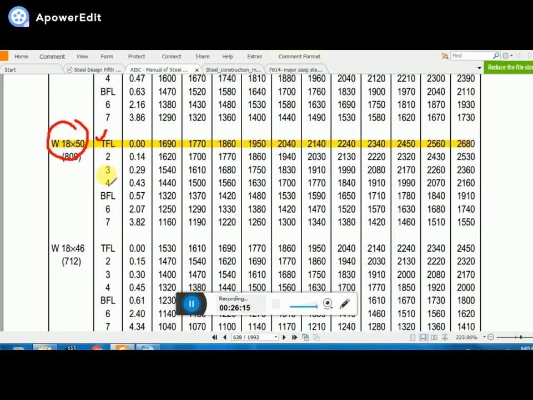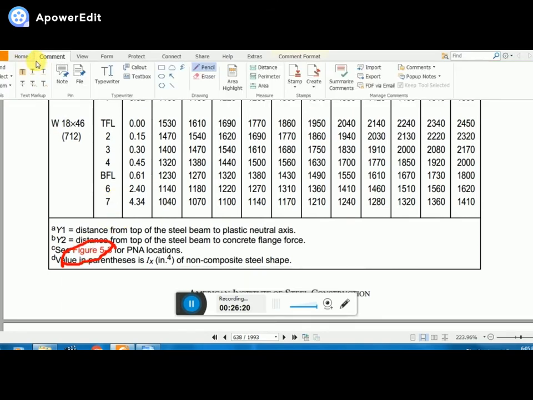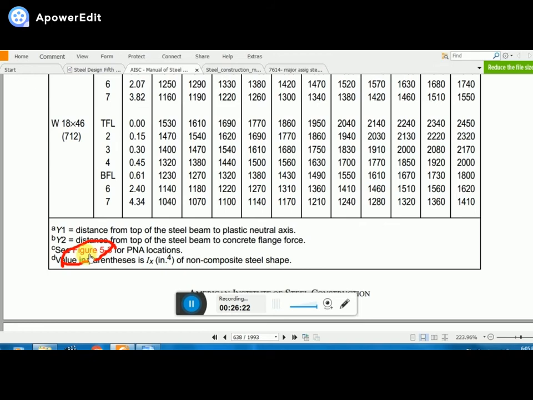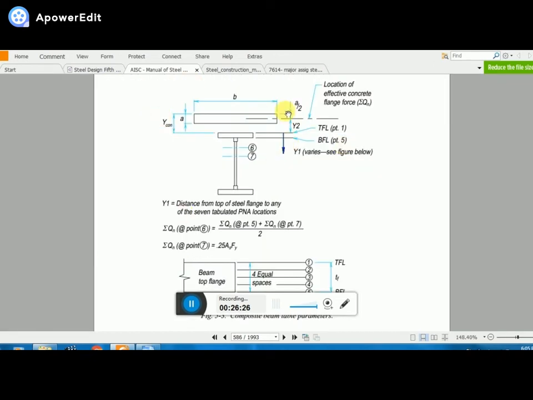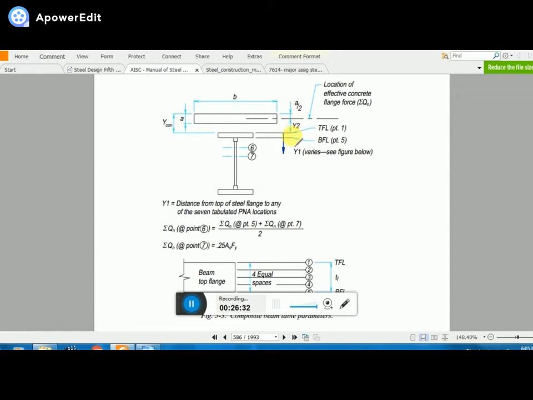If you want to understand this term, you just need to scroll down here and click this one, and here you see what this term means. Clear? This is the location of the effective concrete flange force, yes, this is C.